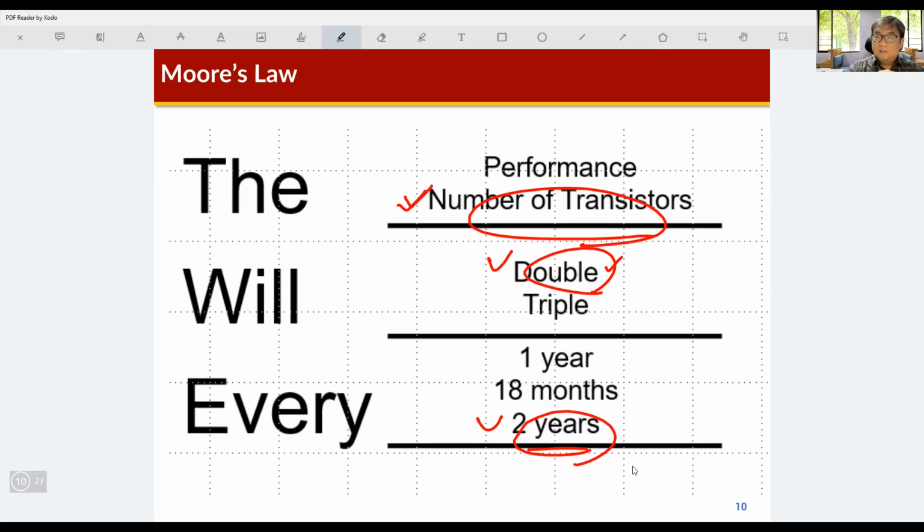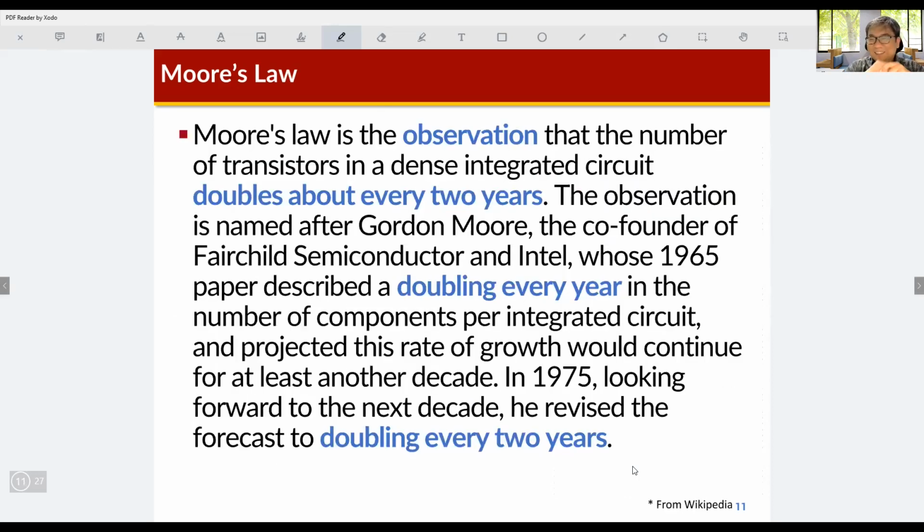So actually, CPU developers or CPU architects set the goal of this new CPU using Moore's law. Then why is Moore's law important? Because this is a technology trend.